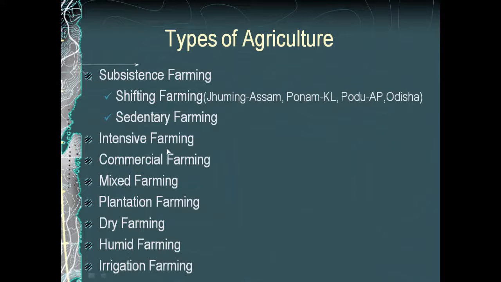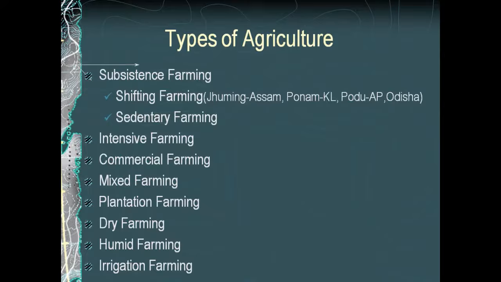Next, intensive farming. Intensive farming requires a large amount of capital and labor. A large amount of capital and labor is applied per unit of land to get more crop.